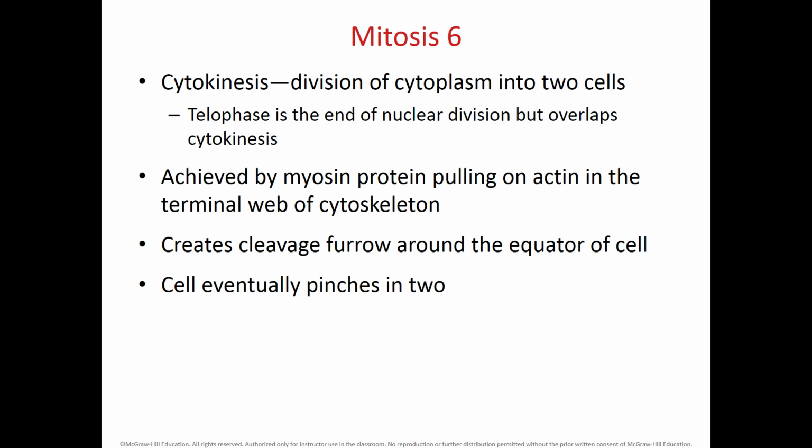So cytokinesis is the division of the cytoplasm into two cells, and it starts happening when you are about to complete telophase, but overlaps a little bit with cytokinesis. Now cytokinesis is achieved because there is a protein called myosin that pulls on another protein called actin in the terminal web of the cytoskeleton.